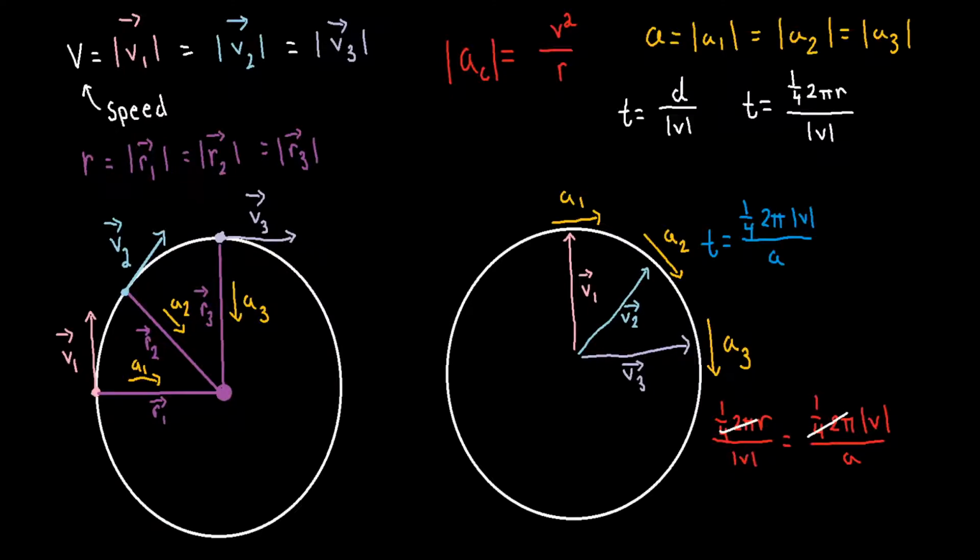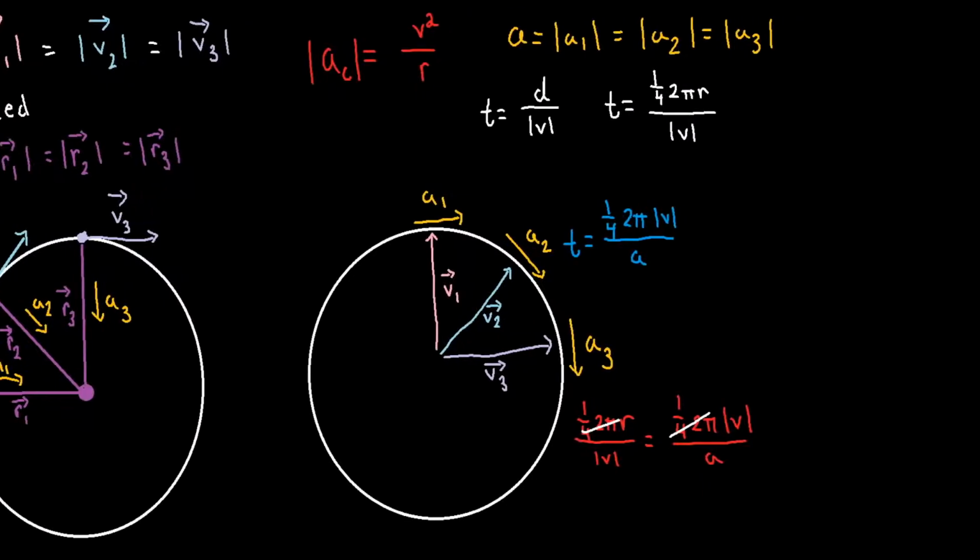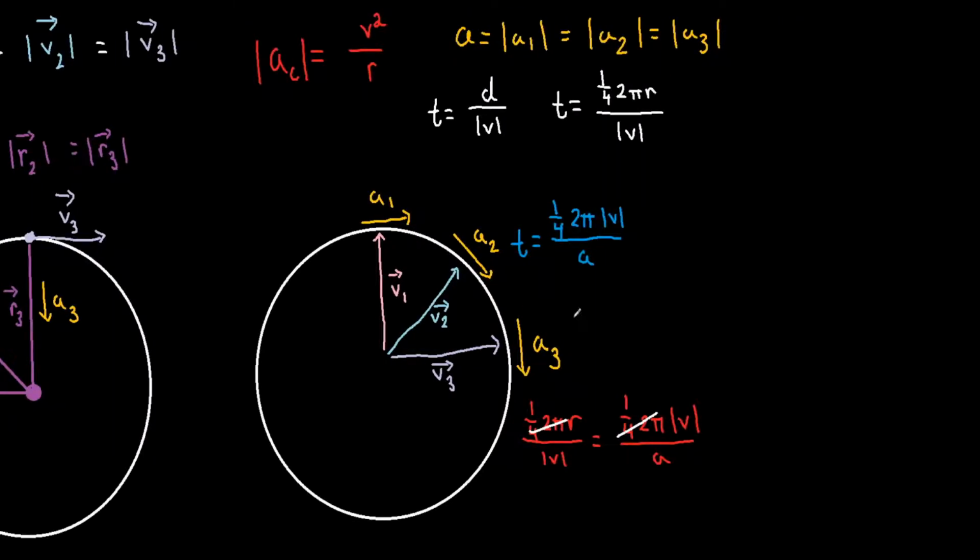And let's move over so we have a little bit more room. And we get that our radius divided by the magnitude of the velocity equals the magnitude of the velocity divided by our acceleration. And we can do some cross multiplication, giving us our acceleration times our radius is equal to the magnitude of the velocity squared.